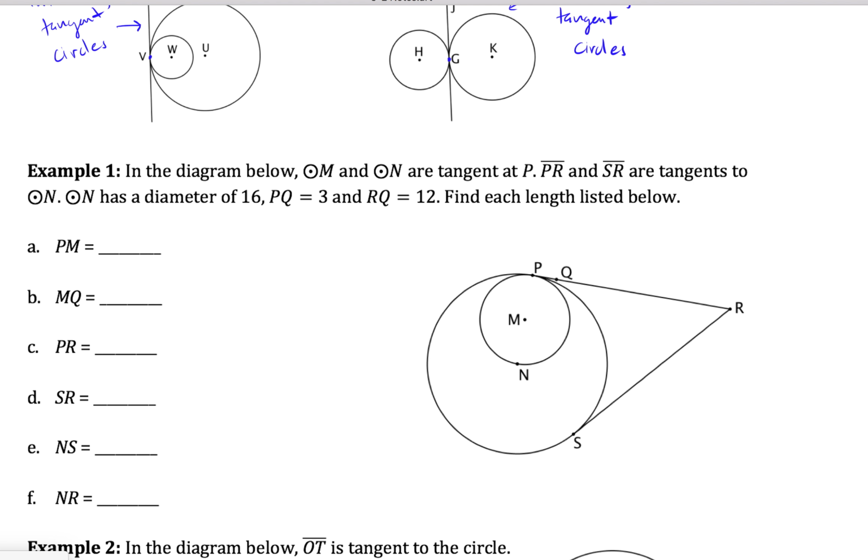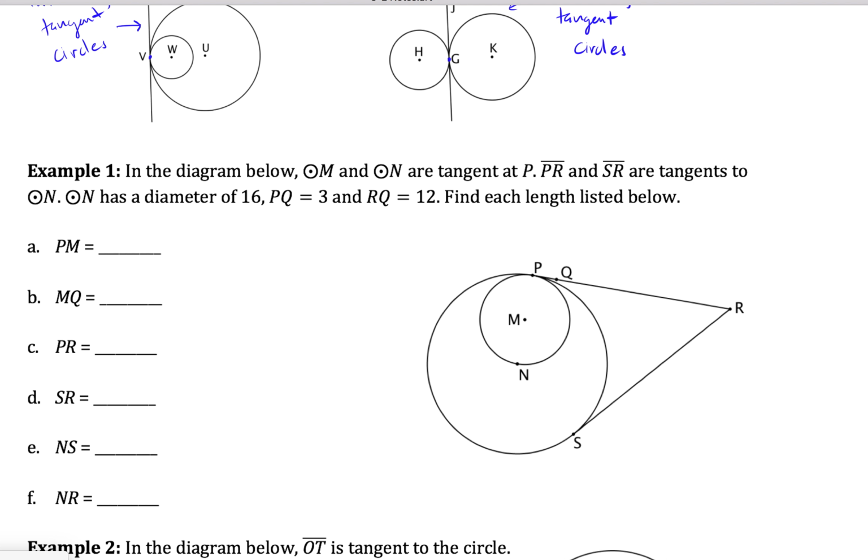In this diagram below, we have a lot of information that we need to go through. It says that circle M, which is the littler circle, and circle N are both tangent at P. So they would be what we would call internally tangent circles. They're tangent to segment PR at point P. PR and SR are both tangent to circle N, which is the bigger circle.